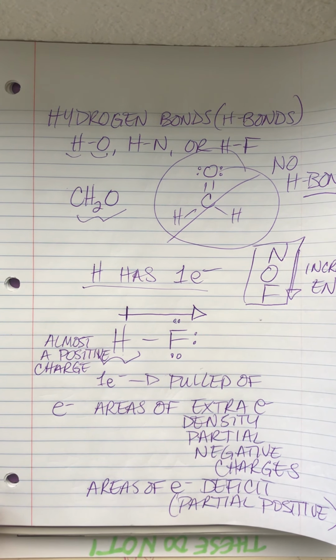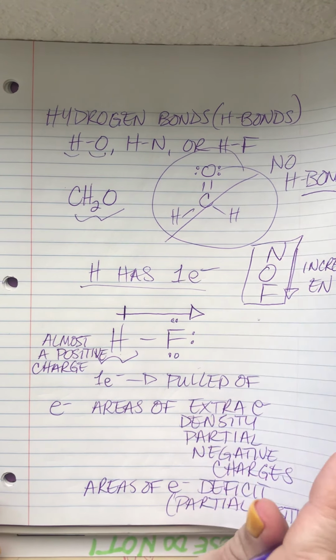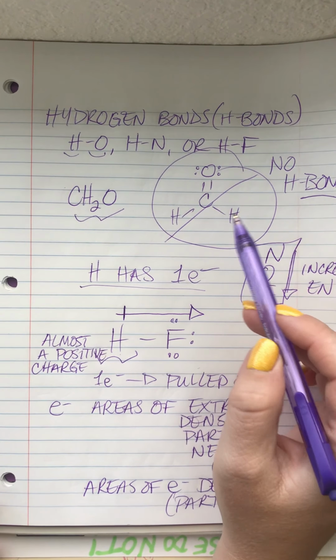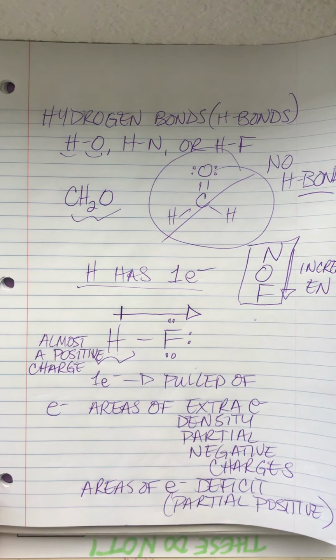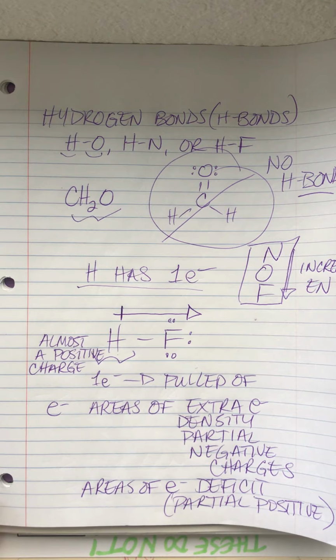Okay? Everybody comfortable with that? And everybody comfortable with the fact that it's not enough just to have hydrogen and nitrogen or hydrogen and oxygen in a molecule? They have to be bonded together, like this. Questions? We cool? Cool.